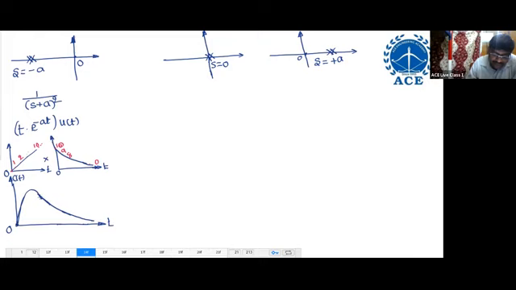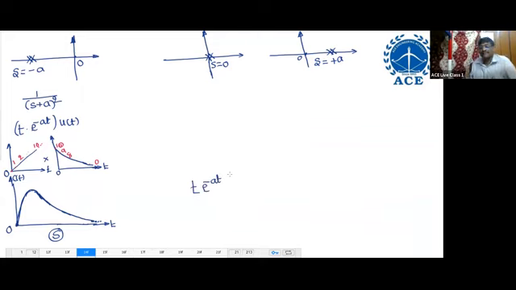The system becomes stable. It is bounded, with c(t) equal to t e power minus at.